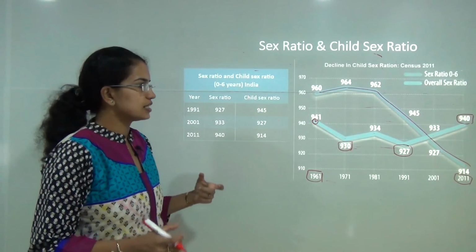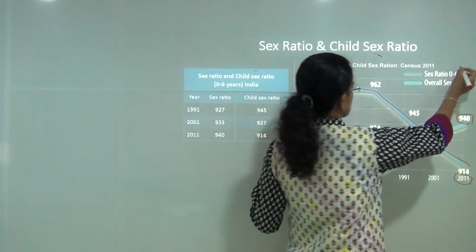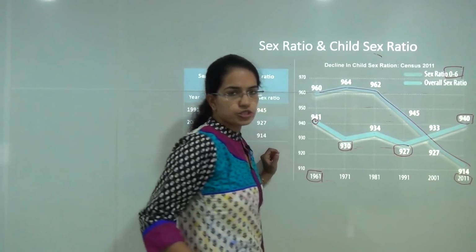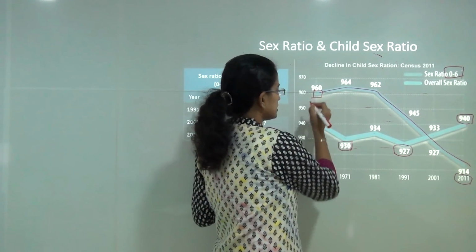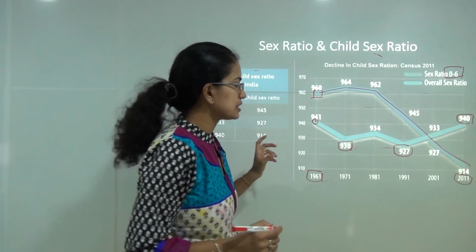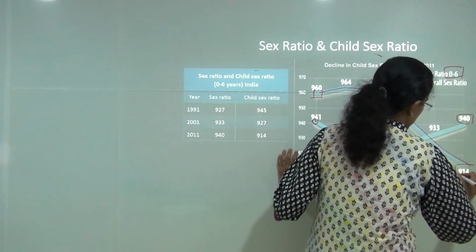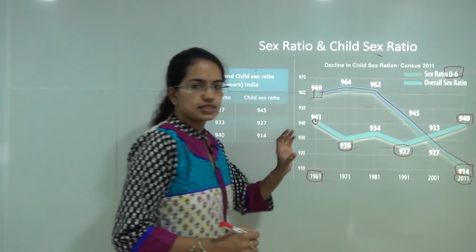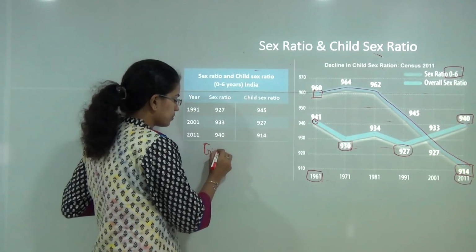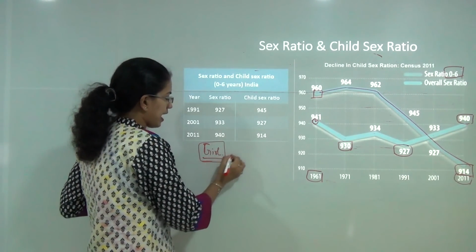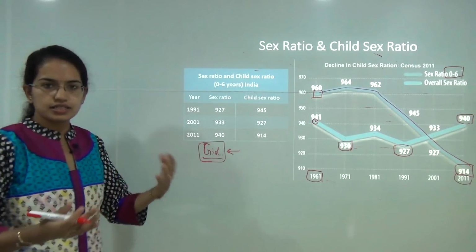However, the sex ratio in the age group of 0 to 6 is the real cause of concern in present day society, because it has sharply declined from 960 to 914, and that brings special emphasis and focus on girl enrollment, girl education, and promotion of the girl child.